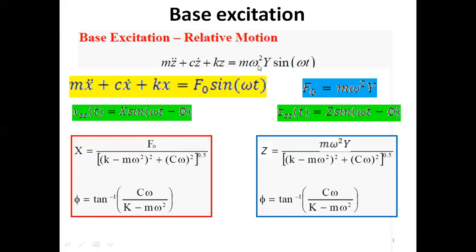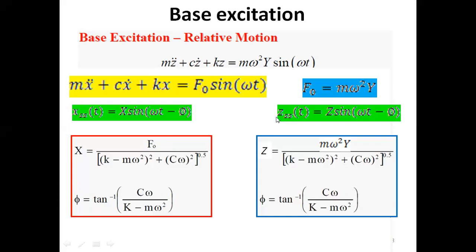Here by comparison, instead of this F naught, we have m omega square y. So simply we could say that F naught here is equal to m omega square y. In other words, in this mathematical model, we have to replace F naught by m omega square y.